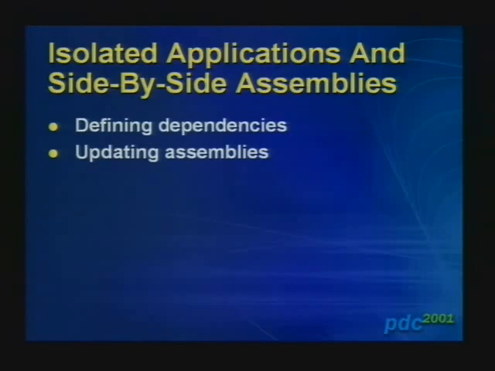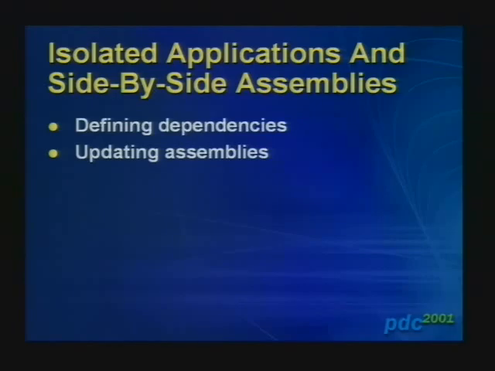And what that is, that uses the application manifest to really define what you're dependent on. So moving forward, for example, I'm dependent on one version of the MFC DLL. I want to make sure that if my application is not being upgraded, I'm always going to be running against that particular version of DLL.